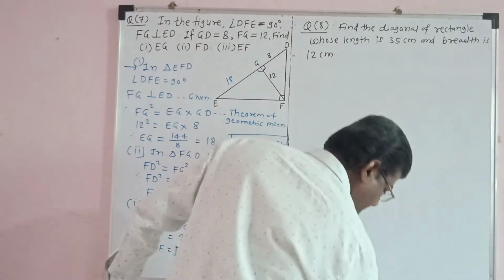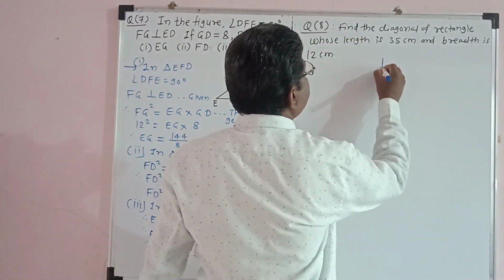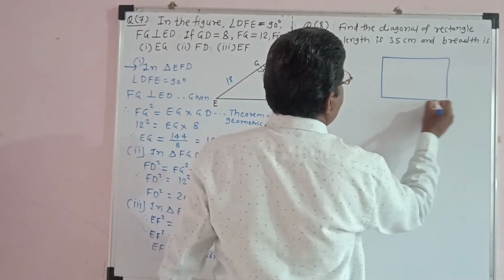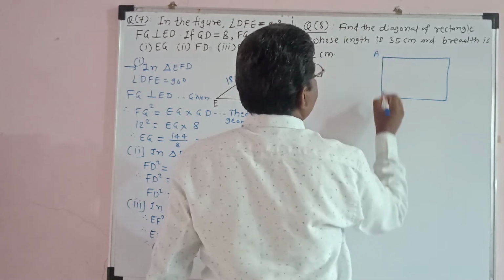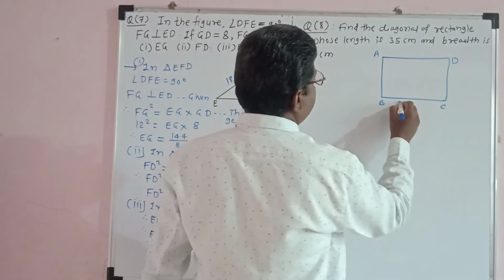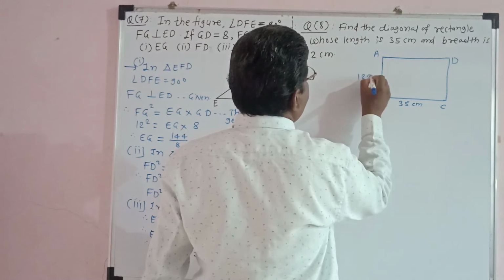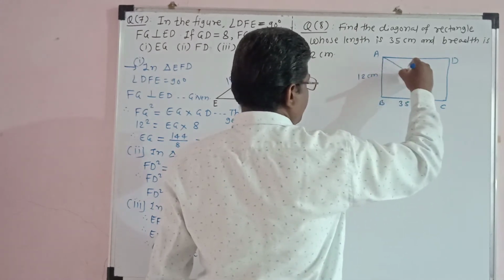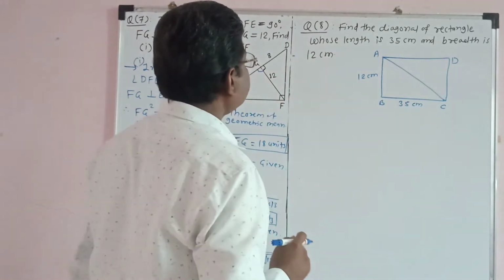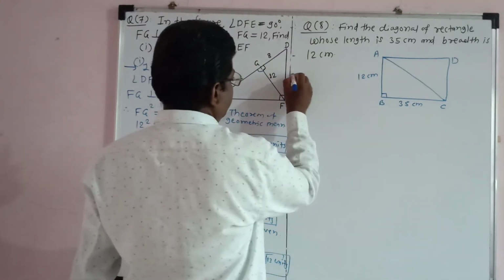Now let us draw one rectangle ABCD, and its length is 35 centimeters and breadth is 12 centimeters, and we have to find the diagonal AC. This angle is 90 degrees.